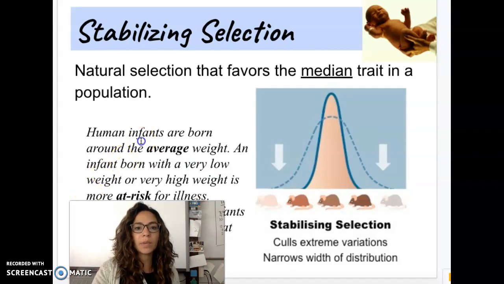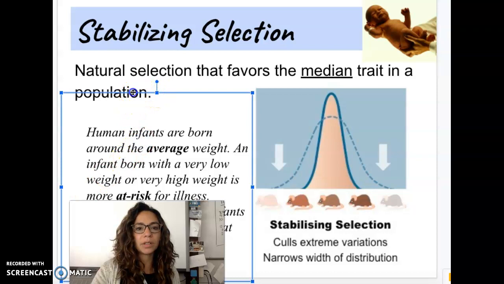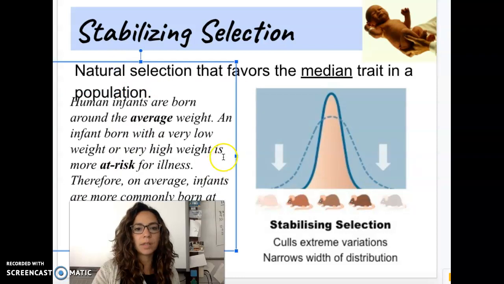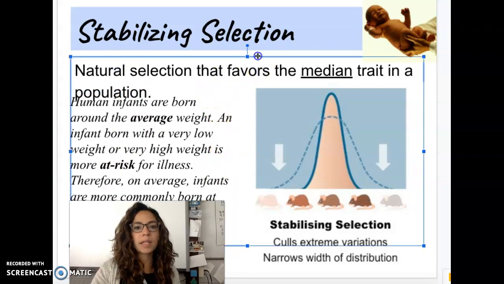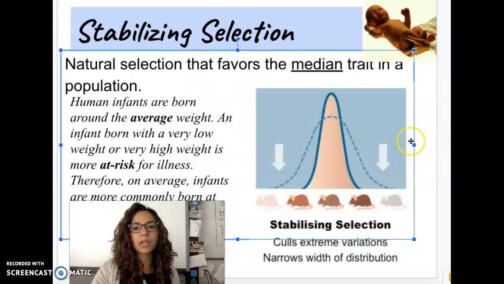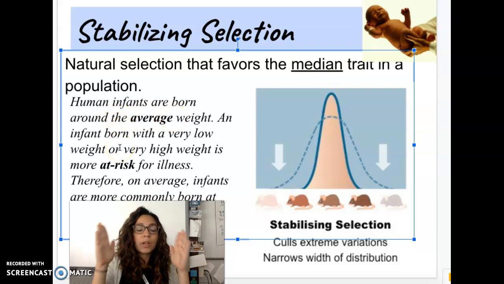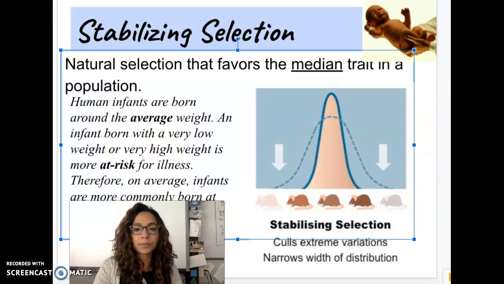And then lastly, we have stabilizing selection. Stabilizing selection is natural selection that favors the median trait, the trait more in the middle, right? So an example is human birth weight.